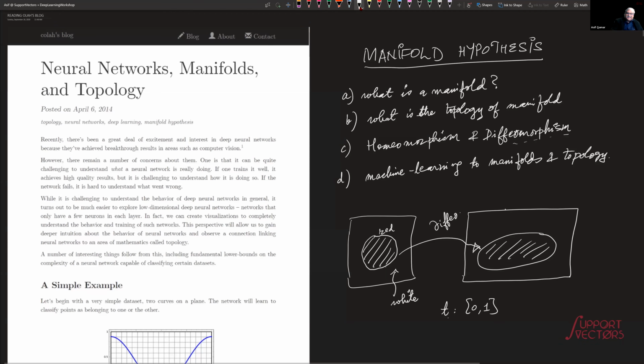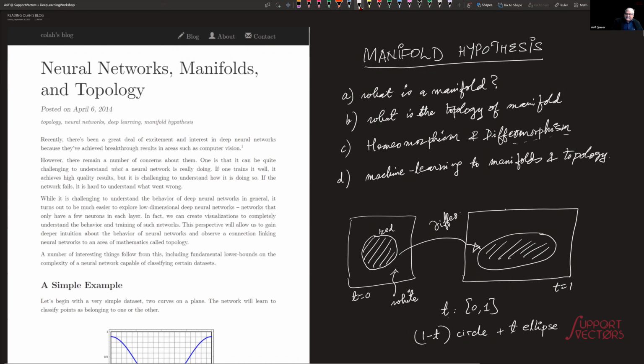At 0, it is this red circle. At 1, it is the ellipse. So this is the t equals 0 state, and this is the t equals 1 state. You could say the equation of this is (1 minus t) times the circle, the initial manifold, plus t times the ellipse manifold.